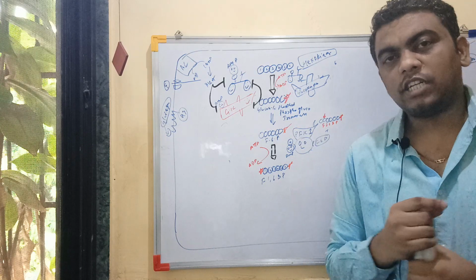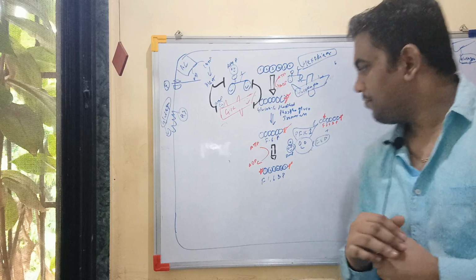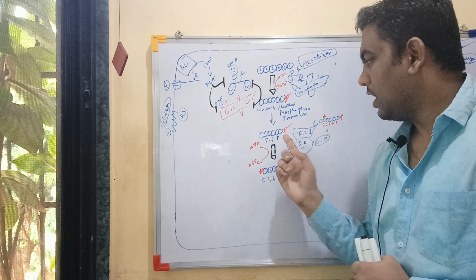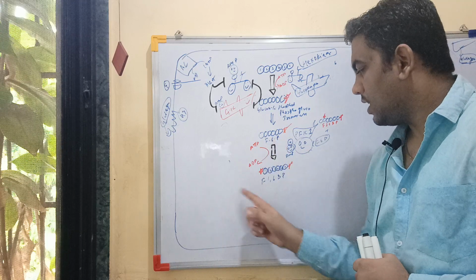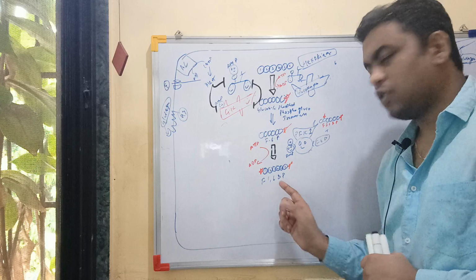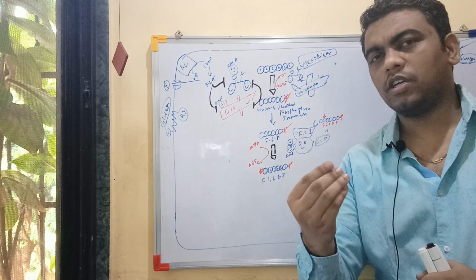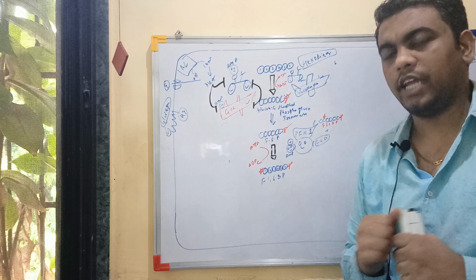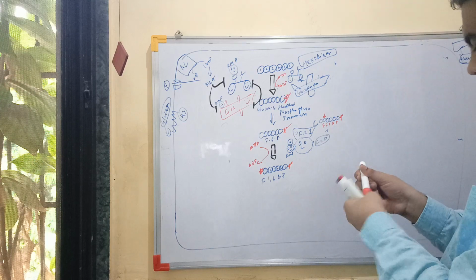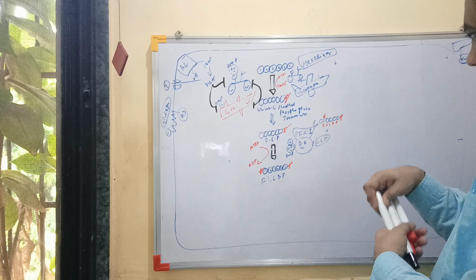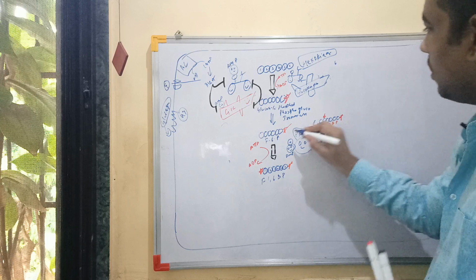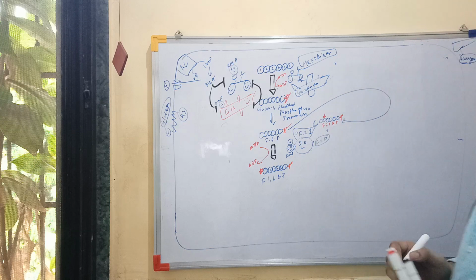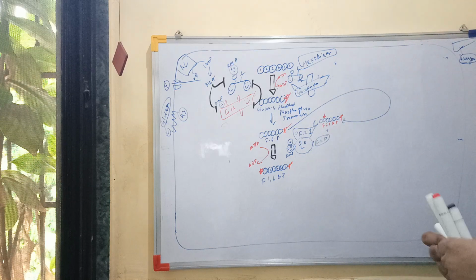So what our cell does, what our enzyme does, if there is lots and lots of fructose 6-phosphate, it will convert it into fructose 1,6-bisphosphate, no doubt, but some amount it will also convert into fructose 2,6-bisphosphate. But we need an enzyme for that, and the enzyme here I am drawing a little bit. We are taking this fructose 6-phosphate and converting it into fructose 2,6-bisphosphate.